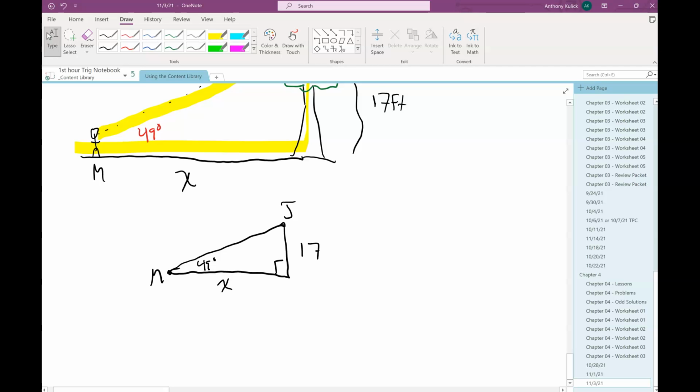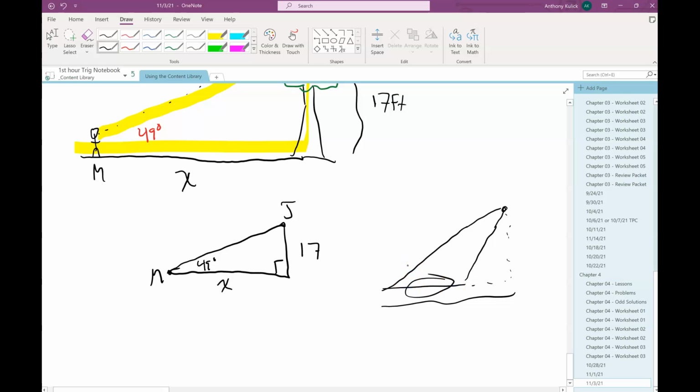So here's where it would matter: say it's leaning backwards this way, you would be finding this distance, not the distance to the base of the tree, which would be this distance, right?